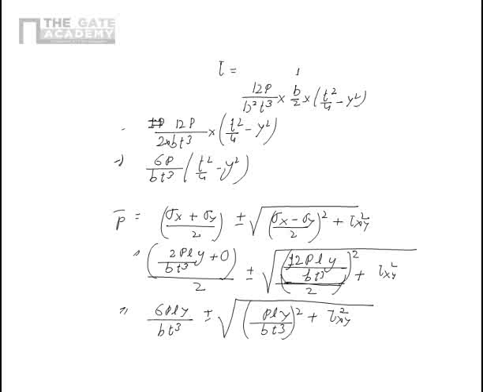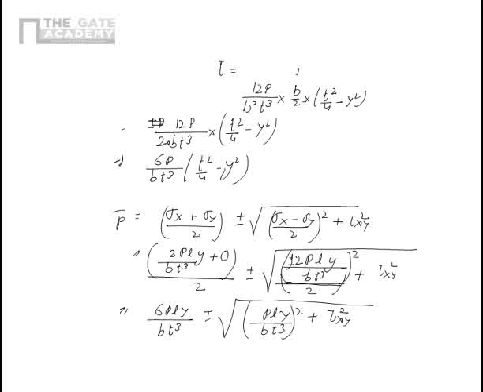This equation can be simplified to get the value of maximum principal stress or minimum principal stress. So this is how the beam equation is solved, and the allowable value of stress is compared against the value which we get from here.